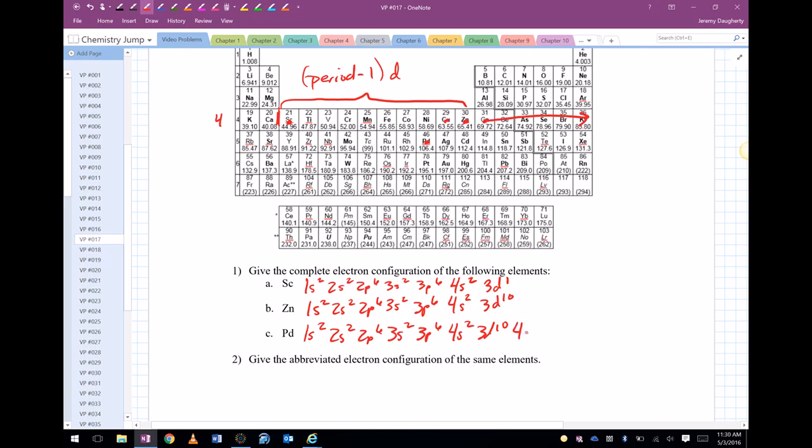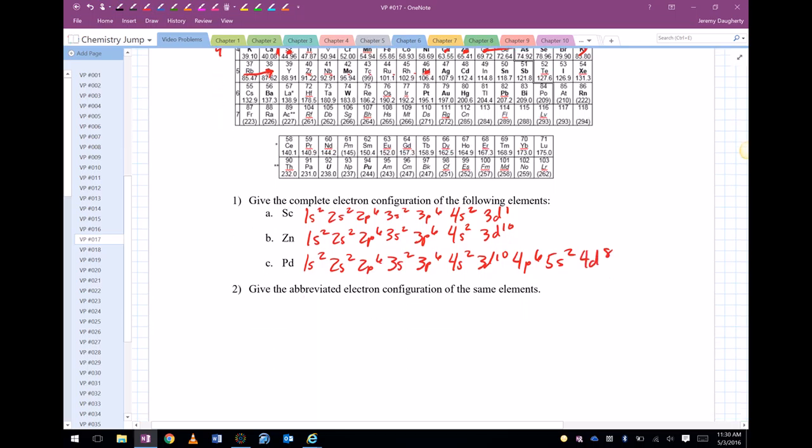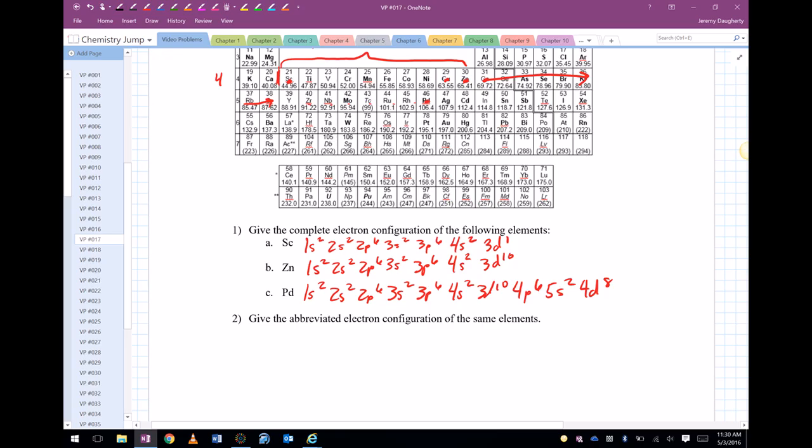That's the fourth period, 4p6, because the only one where we subtract 1 is the D. And then we get to 5, so we're right here: 5s2, and then counting 1, 2, 3, 4, 5, 6, 7, 8, 4d8.